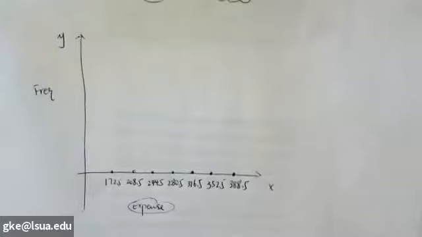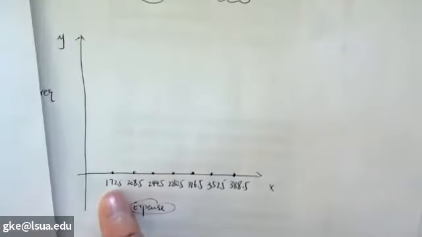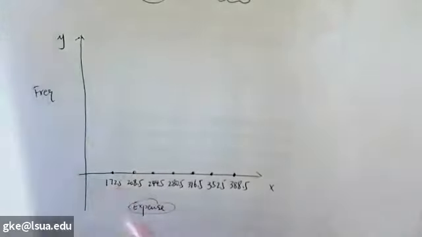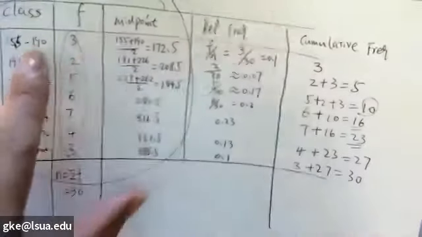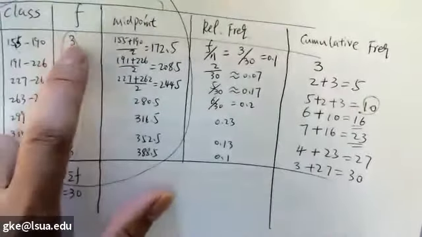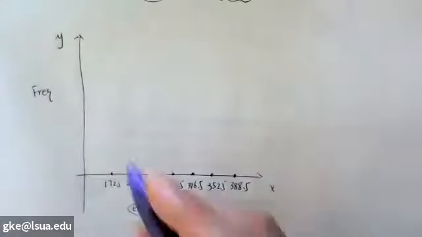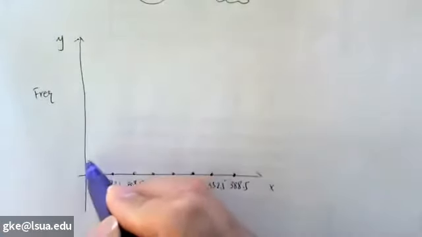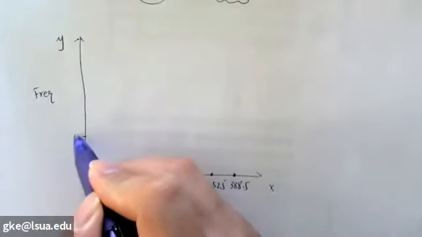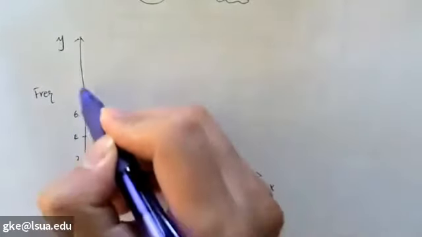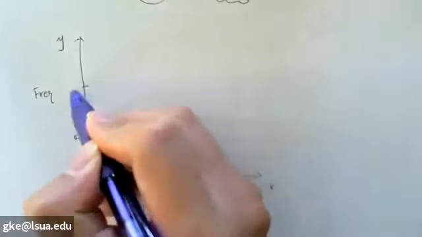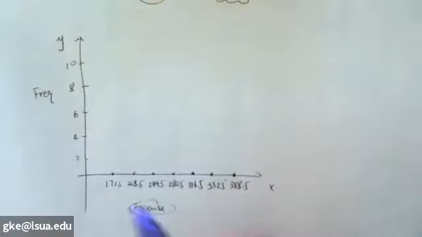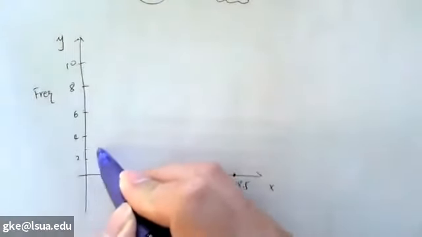That's the most important thing. As we can see, for the middle point 172.5, the frequency should be 3. So we just draw the 3 on the scale: 1, 4, 6, 8, and 10. We draw the 3.